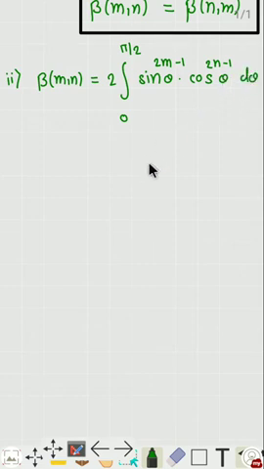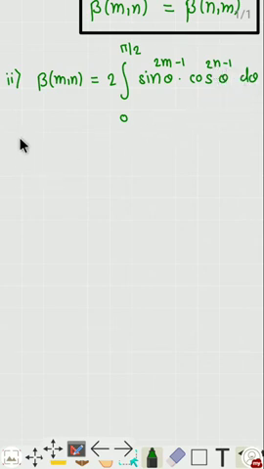Okay, so this is the second property of the beta function, and it says that beta m n is equal to 2 times integration over 0 to pi by 2 sine theta raised to 2m minus 1 into cos theta raised to 2n minus 1 d theta.